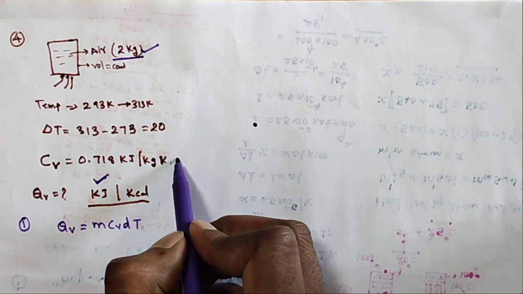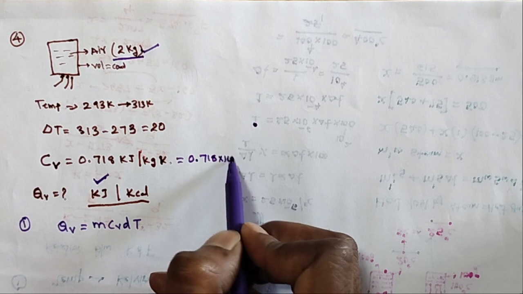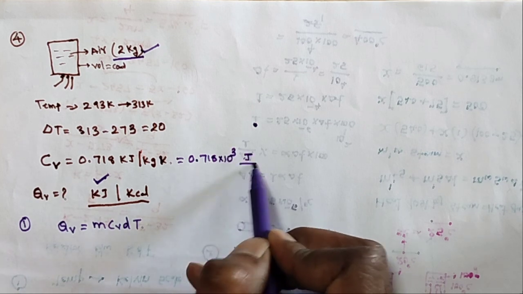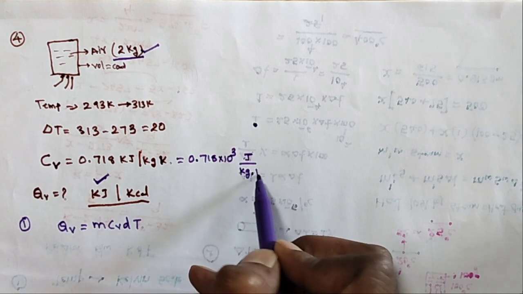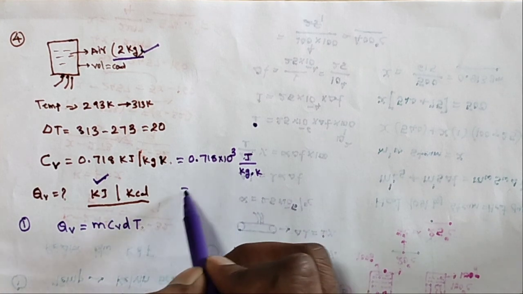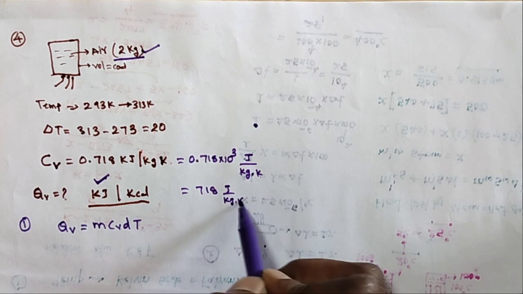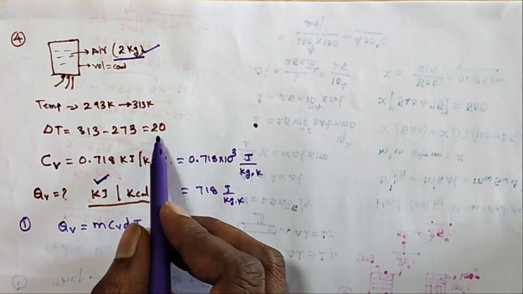Kilo means 10 cube, so 0.718 into 10 cube joule per kg Kelvin, that is 718 joule per kg Kelvin. And delta T is 20.